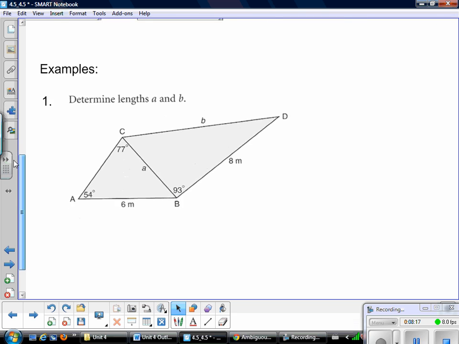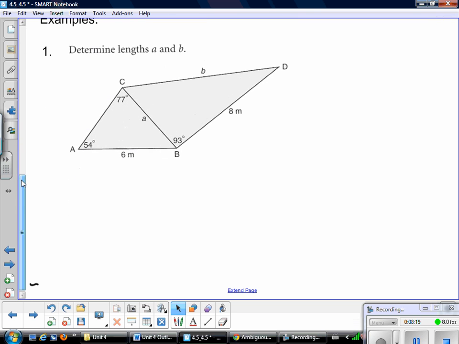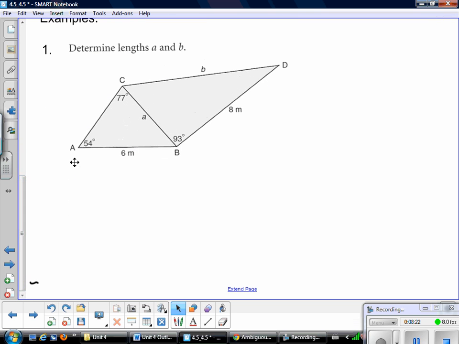The first example says determine lengths A and B. When I look at this diagram, obviously I have two triangles in it. Sometimes they might say that they are interested in, I'm just going to stroke this off, and so don't you do that. They stroke off A here and they tell you to find side length B. Now, in triangle CDB, I don't have enough information if I examine it.